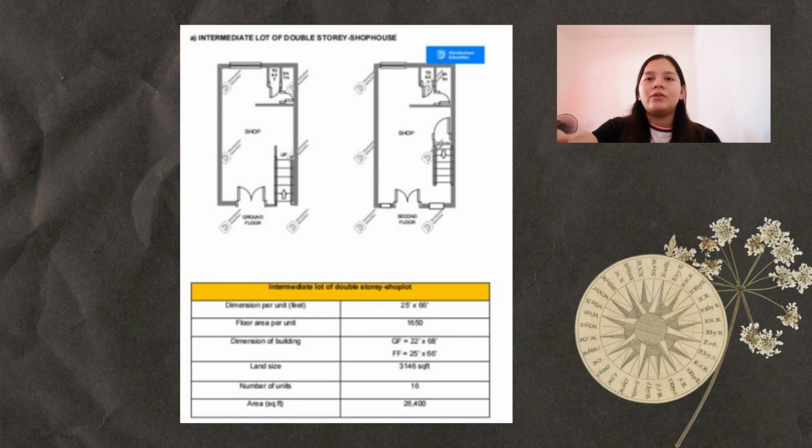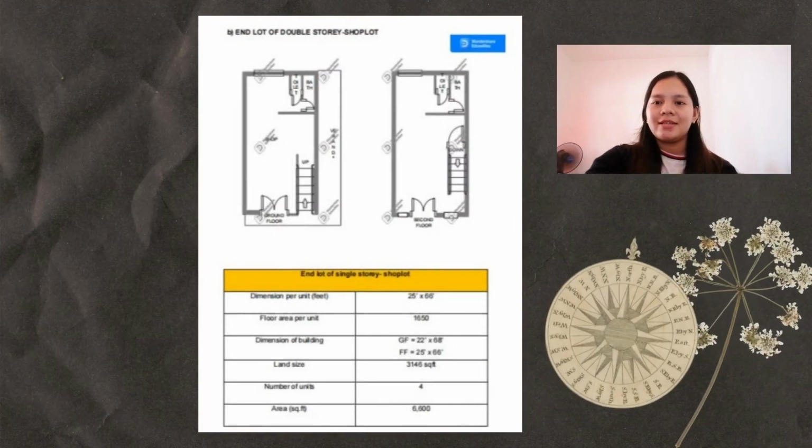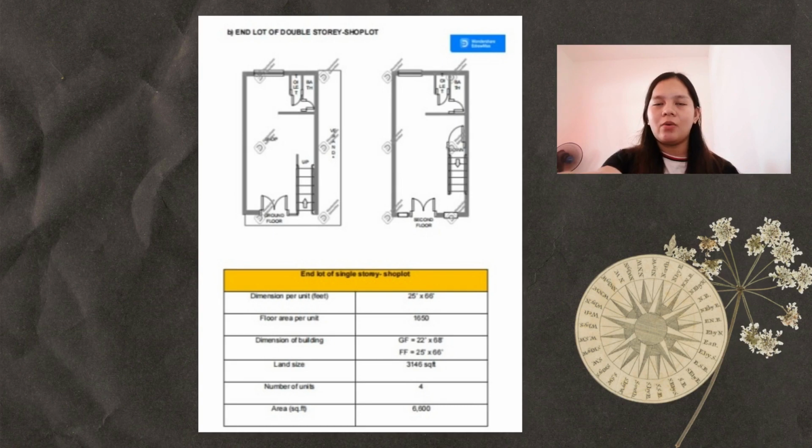The number of units of this intermediate lot of double story shop house is 16 units. So the total area is 26,400.